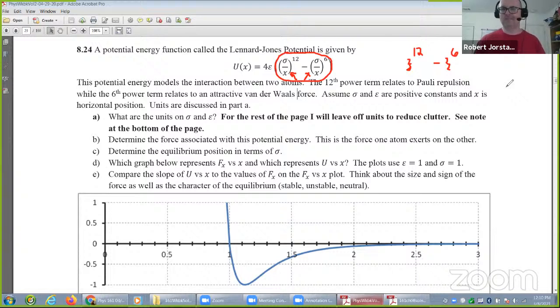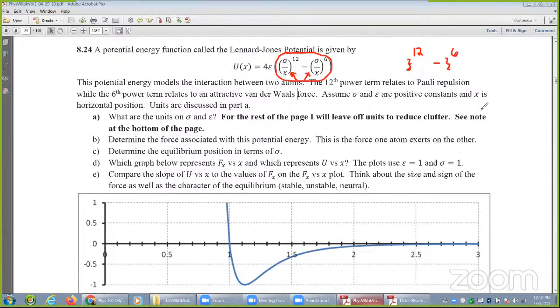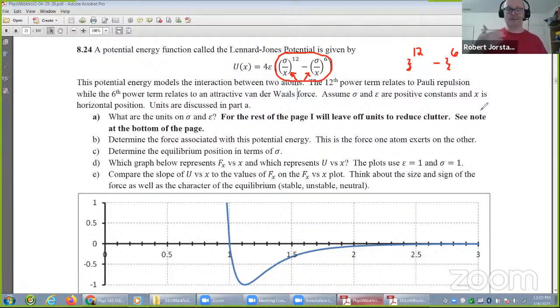What is the only possible unit it could have? No units. No units to the 6th is equal to no units to the 12th. Any other unit doesn't make sense. So that said, what does that tell us the units of sigma are?